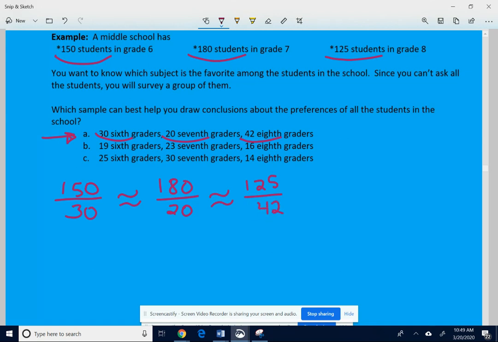You see, we want these three sets of samples to be proportional to the number of actual students. So we're just going to see if these are pretty close to being equal to each other.